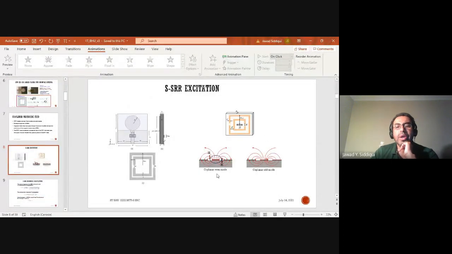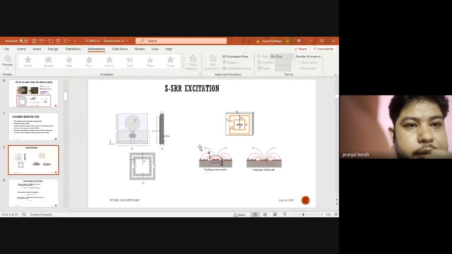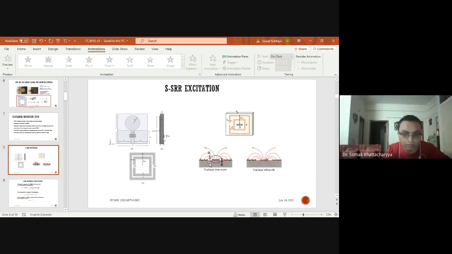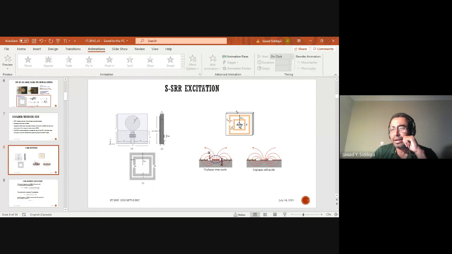You can see, this is how a coplanar waveguide works. If you consider two modes, the even mode and the odd mode, the magnetic field will pass through the slots, right? So you have to place the SRR whose axis should be in alignment with the magnetic field of the coplanar waveguide.